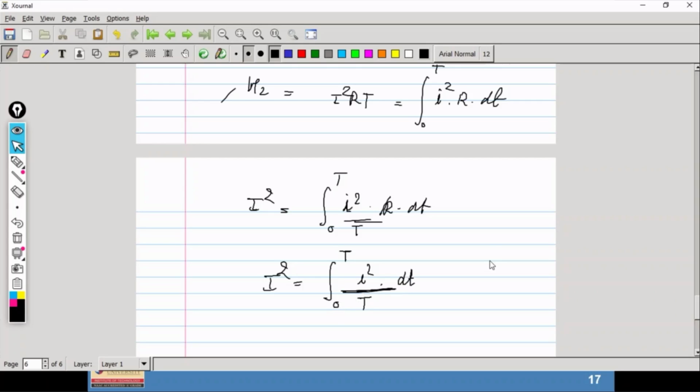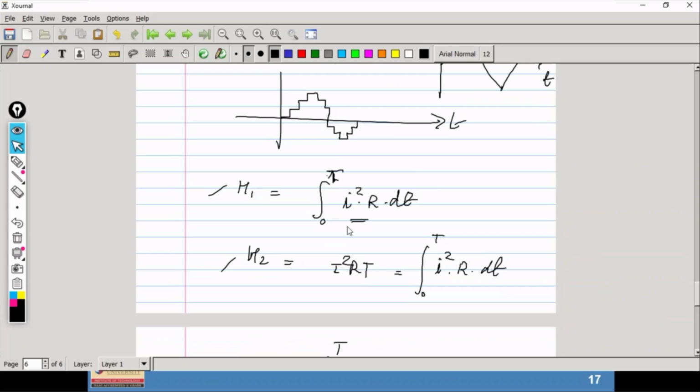So this is a general form here. Suppose you consider the full wave here, then your time period is 0 to 2 pi. I am just writing this in a general form, because there are two different ways we can write the expressions: heat produced by an alternating source, and heat produced when DC is connected.